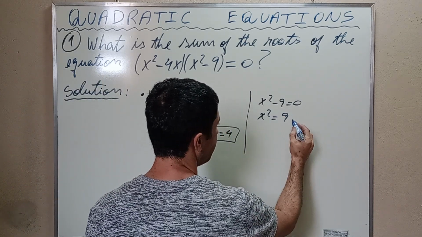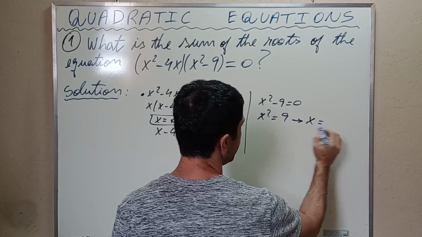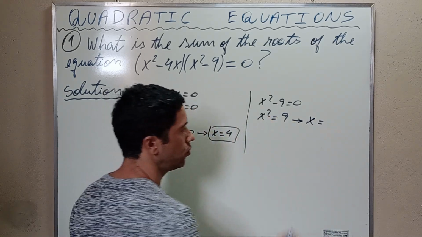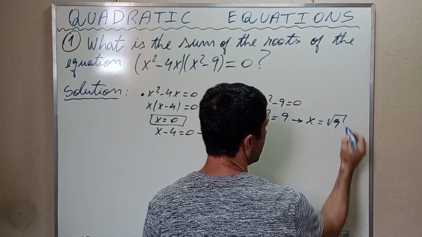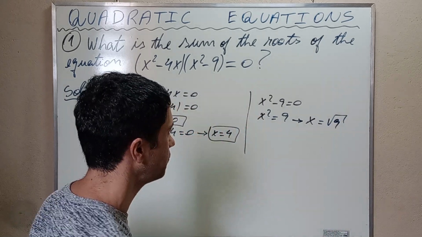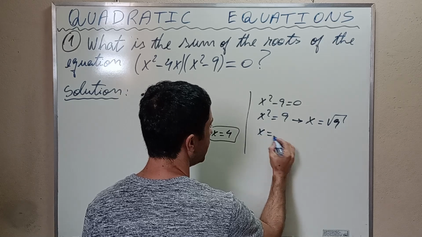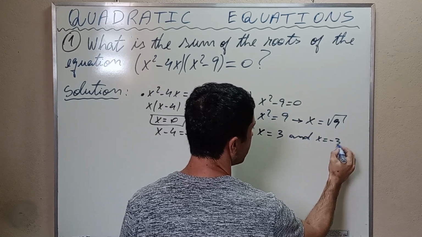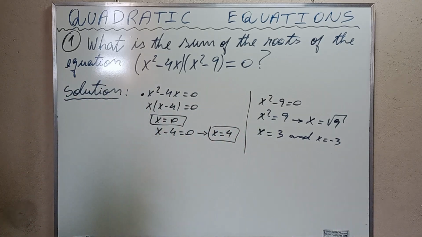I pass this squared, it becomes x is equal to the square root of 9. I have two values for this. The first is x equal to 3, and the second is x equal to negative 3.